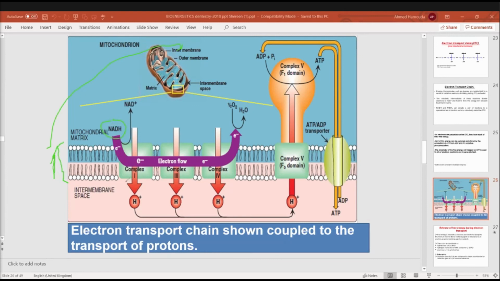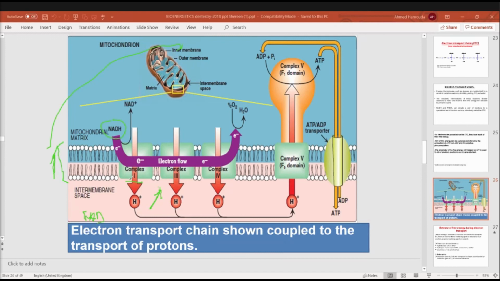And we have complexes here. You have complex 1. They haven't mentioned complex 2 because it is related to FAD, which doesn't produce much and is not involved at the beginning, so you usually won't find it in textbooks.